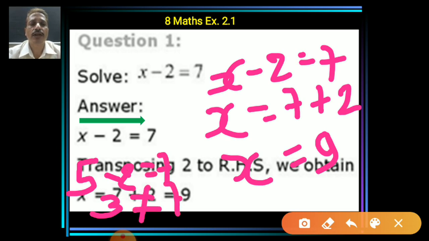No, this is not equal to 7. So my answer is not correct. So it is very easy to check whether your answer is right or wrong. Yes, that's a wrong answer. But if you put the 9, then and only then your equation will have a correct solution.